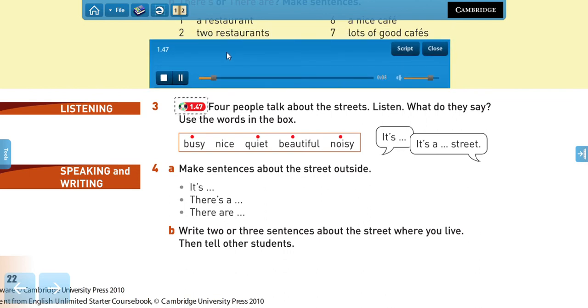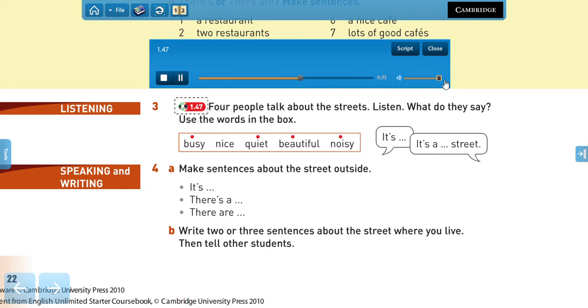A. There's a big mosque and there are big apartments and shops. There are always lots of cars, so it's noisy. But it's a nice street. I like it. B. It's a very quiet street. There are old houses and trees, and there are nice cafes, but no cars.